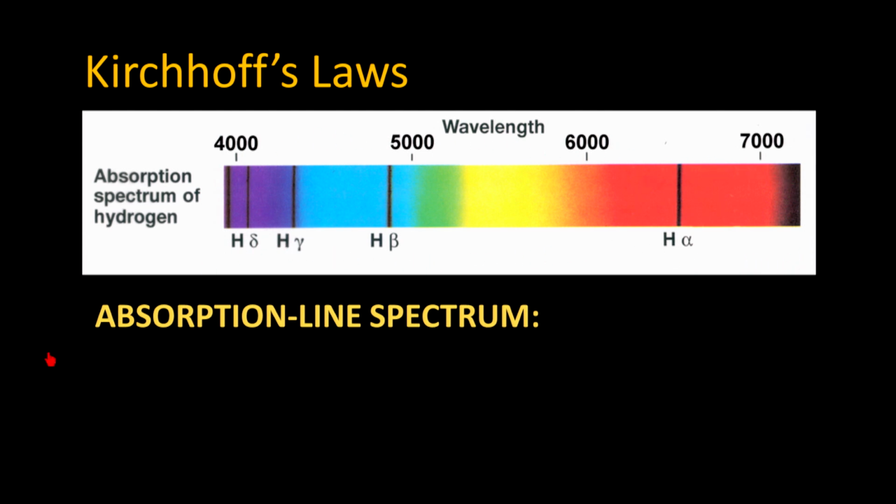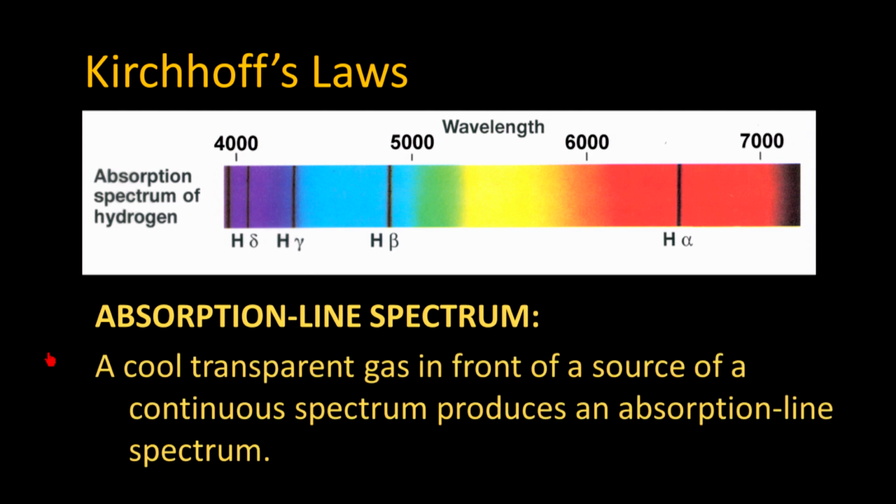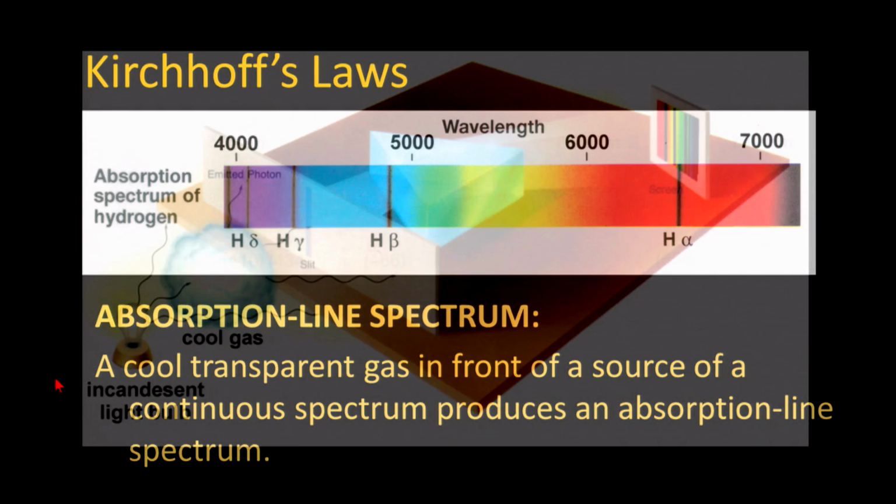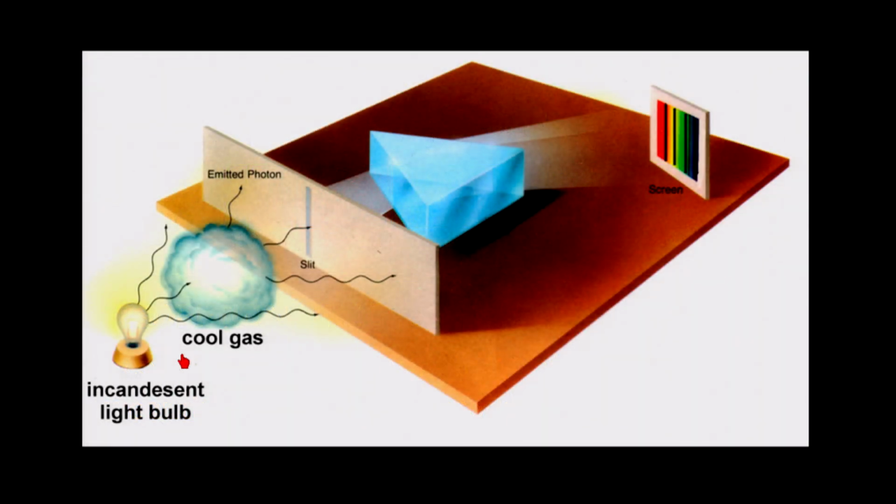So an absorption line spectrum is produced when you have a cool transparent gas in front of a source of continuous light. So the idea is to start with a source of all the colors and then put a cool gas that is transparent in front of it and let the light pass through that. The best way to see what we're talking about is to go back to the illustration again. You'll notice that we have the incandescent light bulb, which is the source of all of the colors.